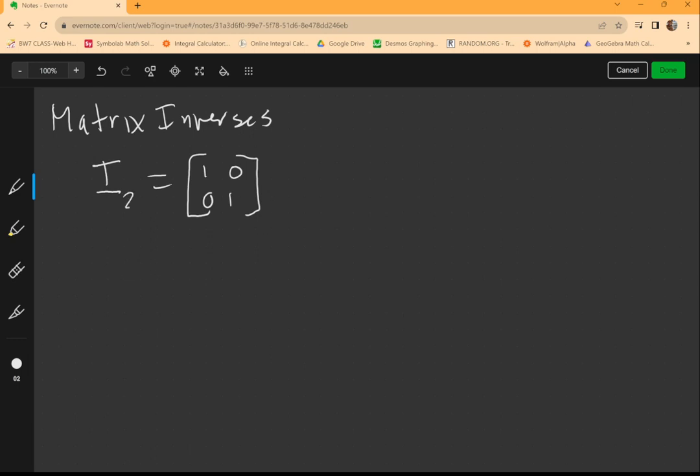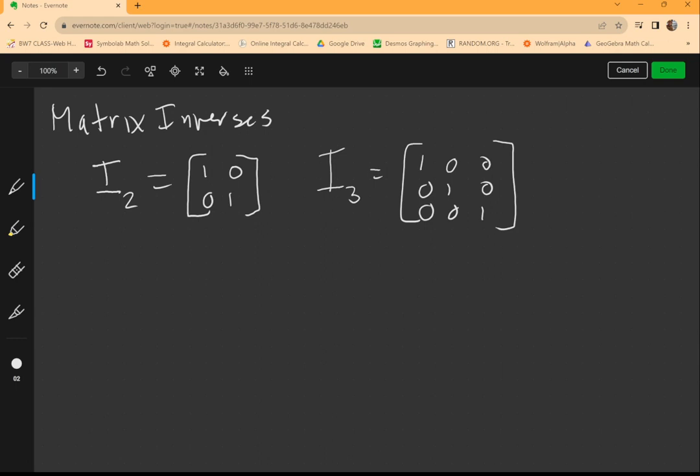So usually we'll call this I2. I3 would be something like this. All right. Now, one thing that we notice is the identity is strictly for square matrices.